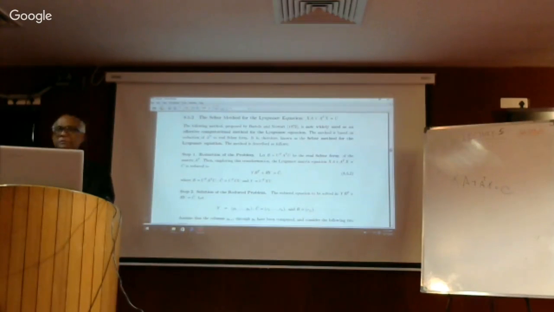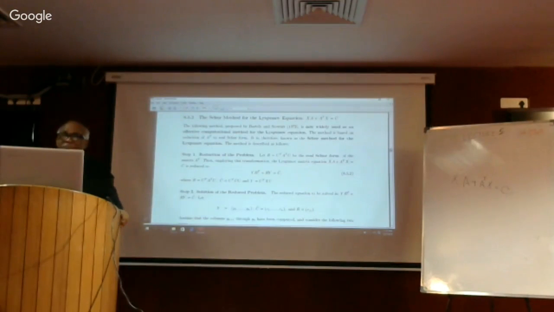Some convenient canonical form, right? And then solve the problem using the structure of that canonical form. And finally, recover the solution of the original problem from the solution of the transformed problem or reduced problem. So what sort of convenient canonical form are we talking about?